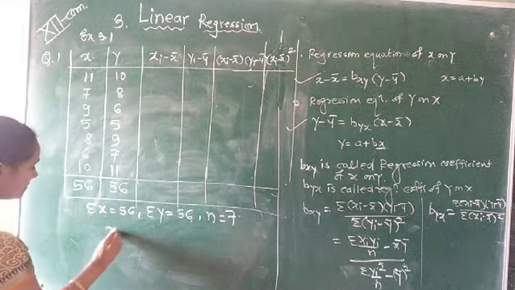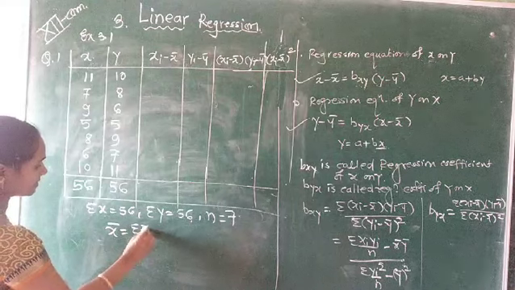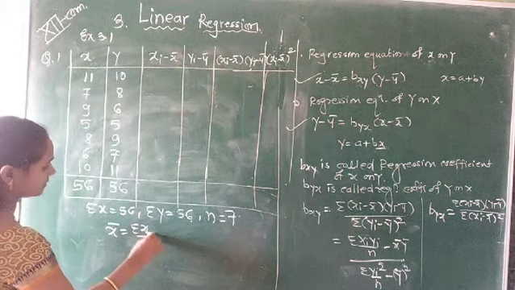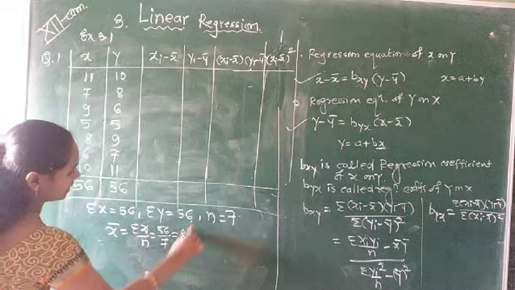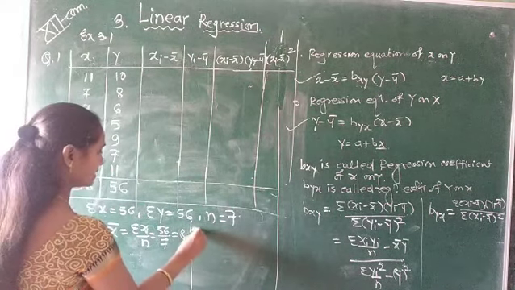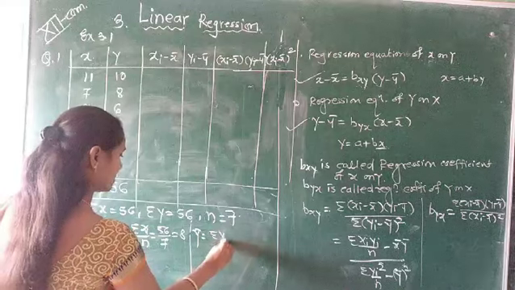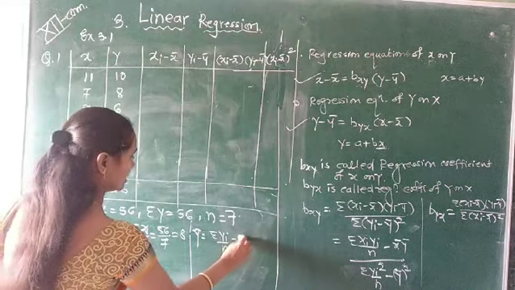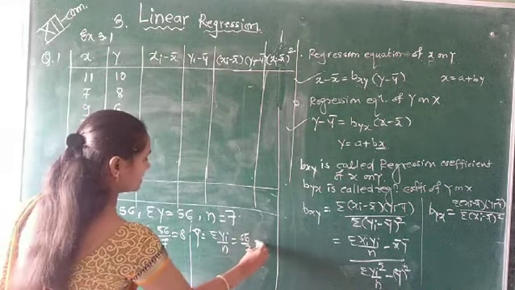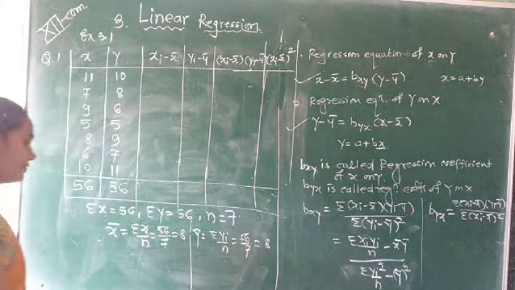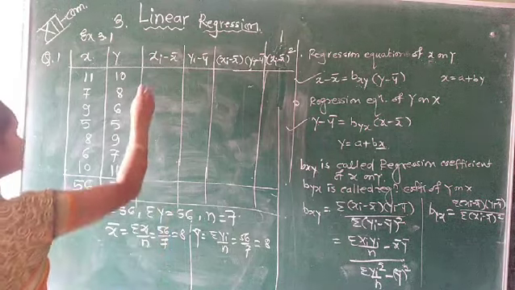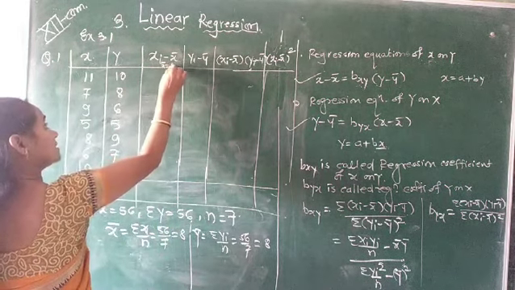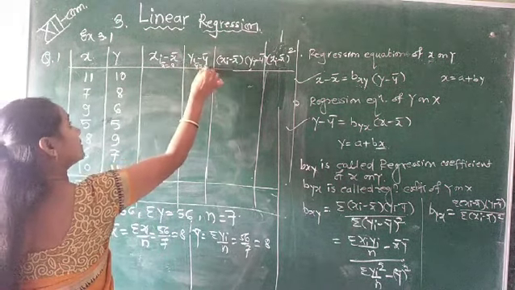Therefore, first we find the mean x bar, that is summation x upon n, 56 divided by 7 is equal to 8, and the mean y bar is equal to summation yi upon n, that is again 56 divided by 7, which is also 8. So here x bar is 8 and y bar is 8.